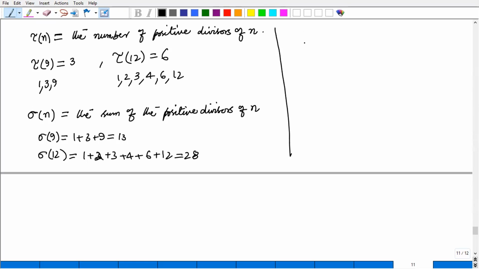Now we are familiar with 3 functions, phi, tau, and sigma. All of them are multiplicative number theoretic functions. Okay, so let's have some results related to tau and sigma.